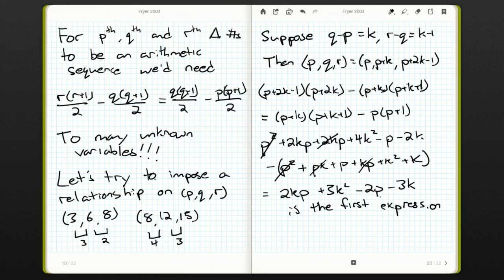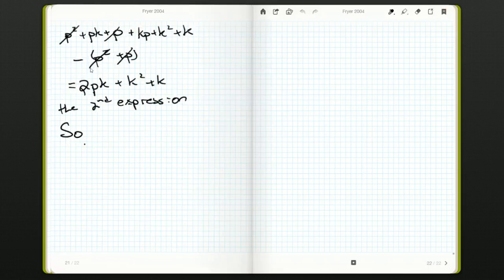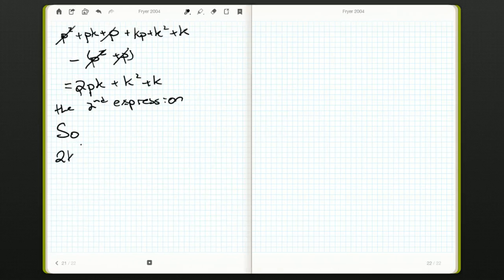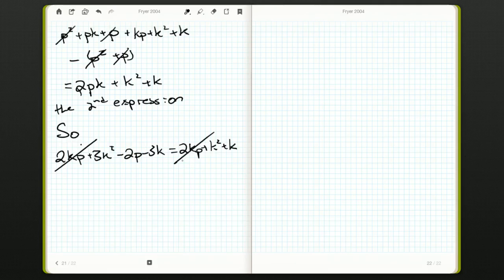So 2KP plus 3K squared minus 2P minus 3K. And that's equal to 2KP plus K squared plus K. Those cancel out. And we're left with 2K squared minus 2K is equal to 2P, or K squared minus K is equal to P.